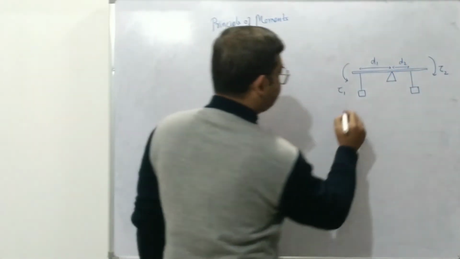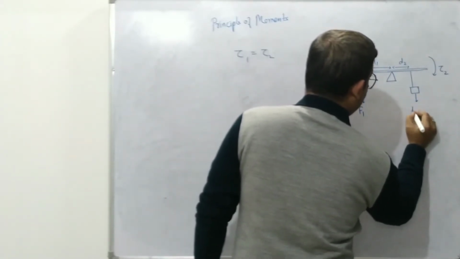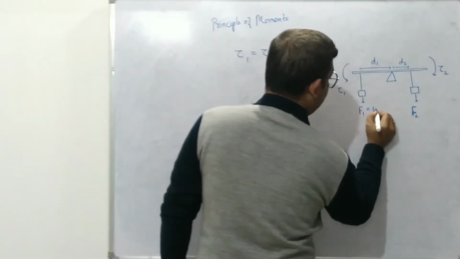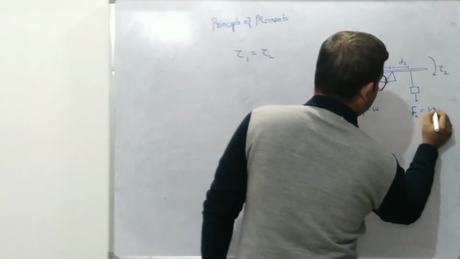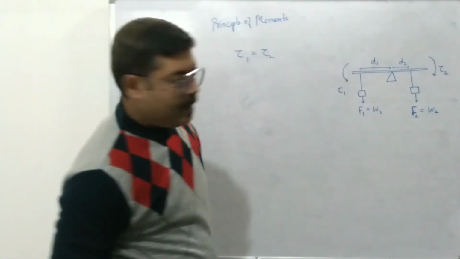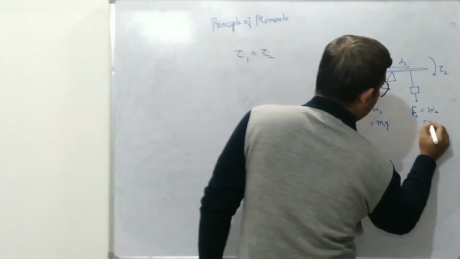And let's say this force is F1 and this force is F2, which is nothing but the weight of the two objects. And so we can simply say this is equal to m1 into g and this is equal to m2 into g.